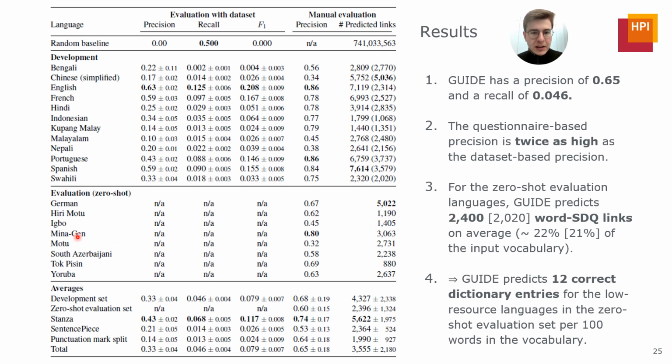Even by only taking the other 7 low-resource languages into account, we still get 2,020 links, which corresponds to 21% of the known vocabulary. This means that Guide predicts 12 correct dictionary entries for the 7 low-resource languages in the zero-shot evaluation set per 100 words in their vocabulary.